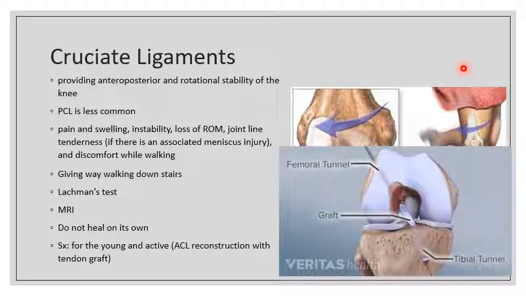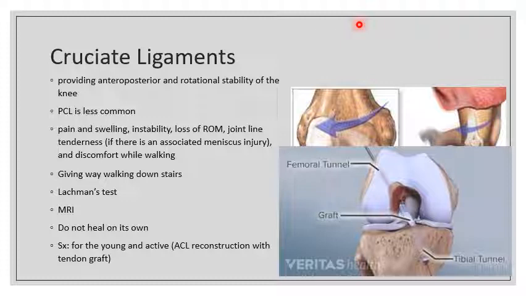Cruciate ligaments provide anterior and posterior stability of the knee. The ACL is most commonly injured. This happens when there's a twisting injury. ACL injury is a common sports injury, basically involving stopping and cutting sports.